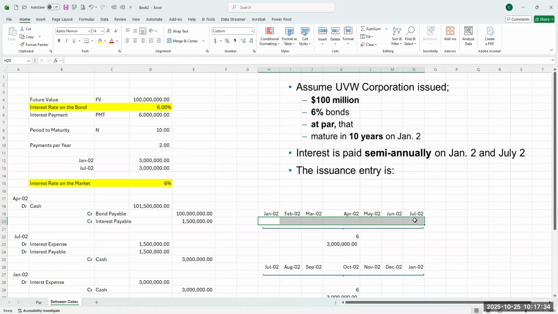But another example that you may see is this. If you buy a property in the middle of the year, and the owner of the property already paid property taxes, once you become the owner, since you're the one who's going to take advantage of the property, those taxes are related to you.